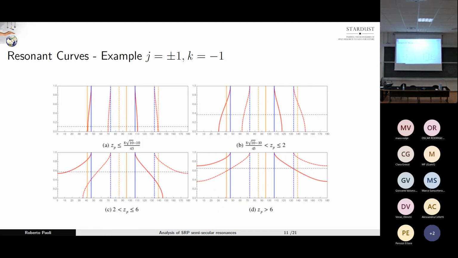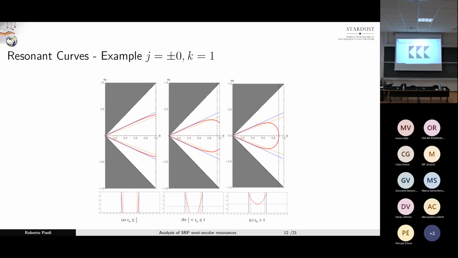These curves can be replotted in the inclination-eccentricity plane to obtain a better insight, easier to understand in terms of the usual orbital elements. As we can see, with the increase of the semi-major axis, this resonance curve recedes to the region where the eccentricity is bigger.